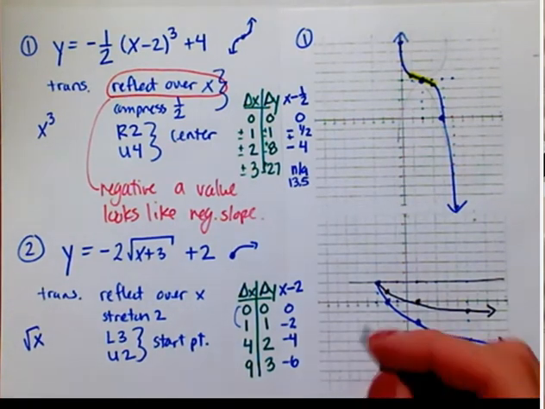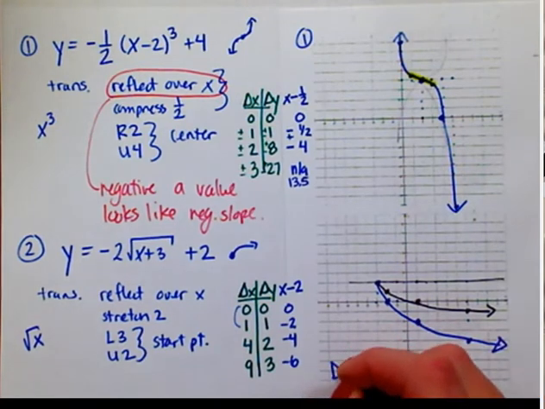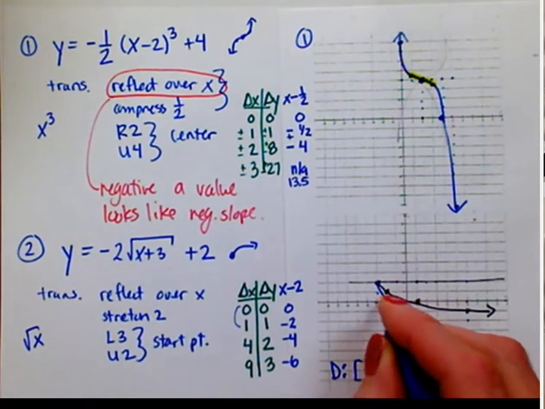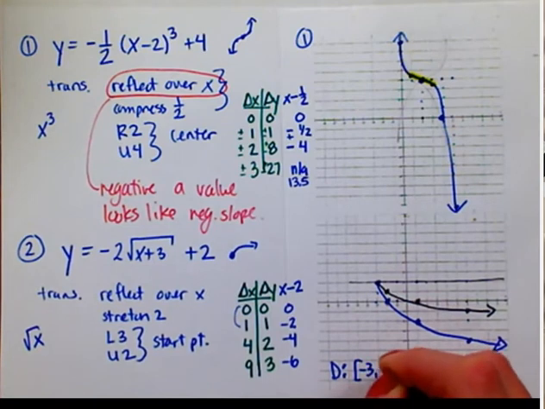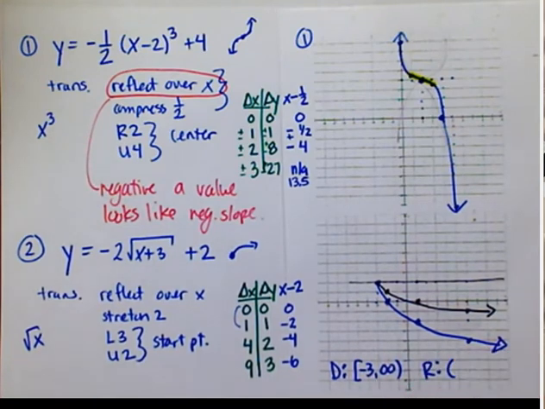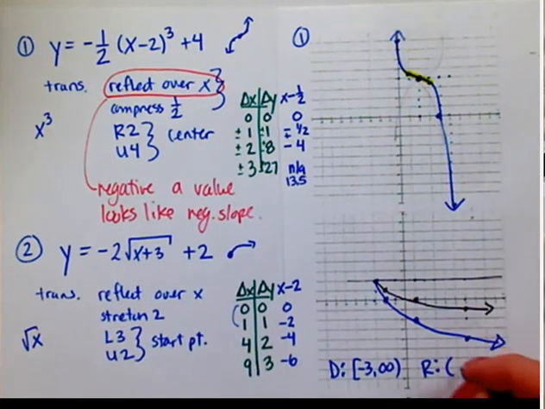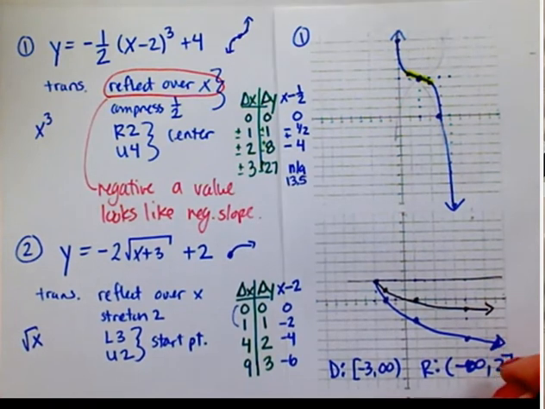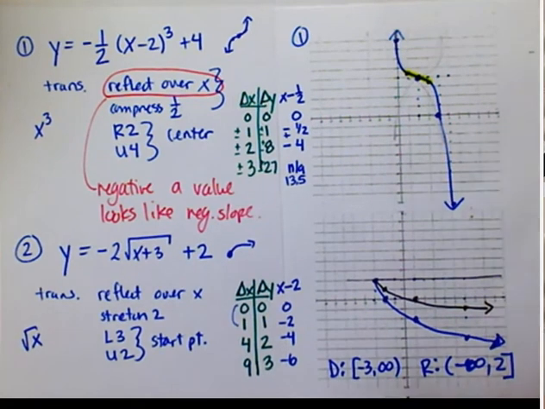Okay, so let's go ahead and label this picture with the domain, -3 to positive infinity, and the range, bottom to top, -infinity to +2. Notice infinities have open brackets and the points have closed brackets.